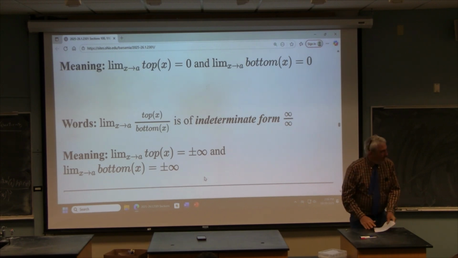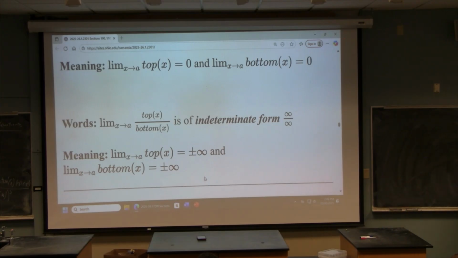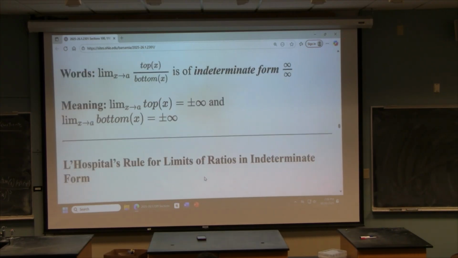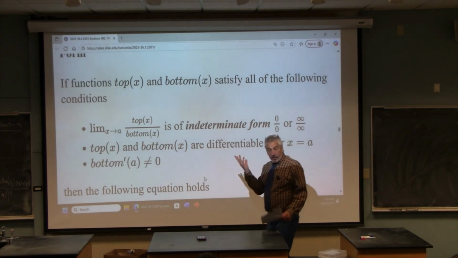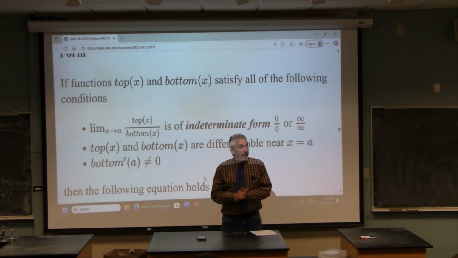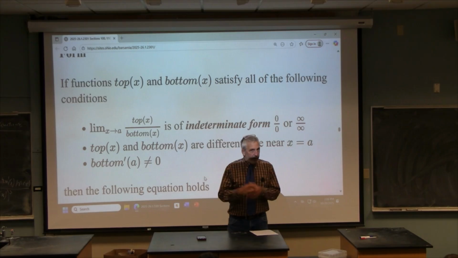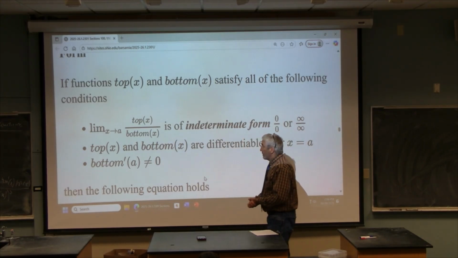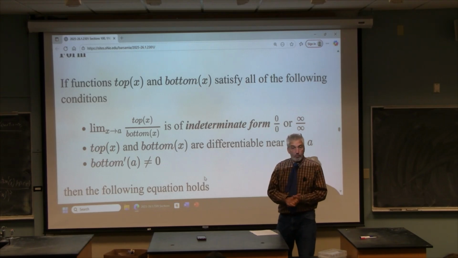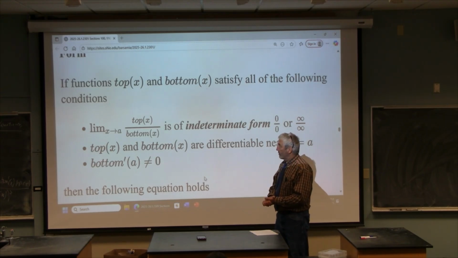So in certain cases, you can use what's called L'Hôpital's rule. So what are those certain cases? So it's a big if. Now in the book, this is all presented with F and G notation. I like using top and bottom notation because they help remind you what role these functions are playing in the problem.